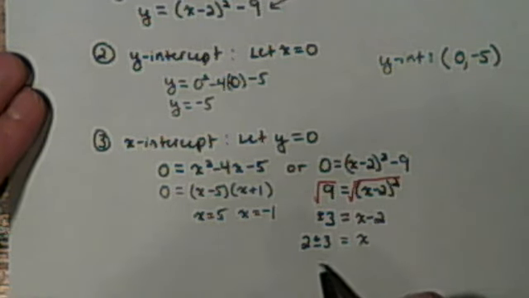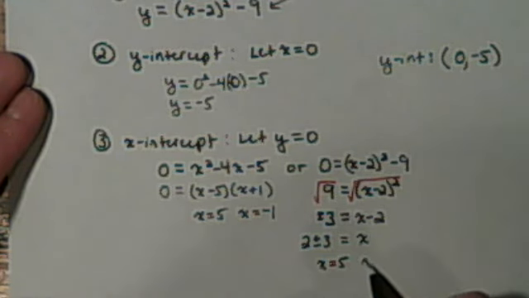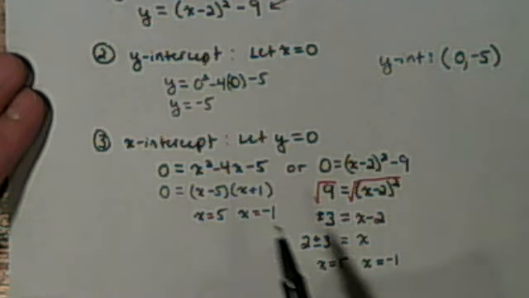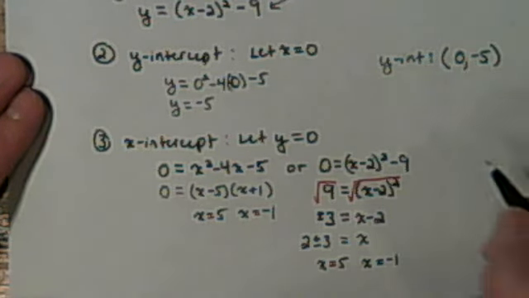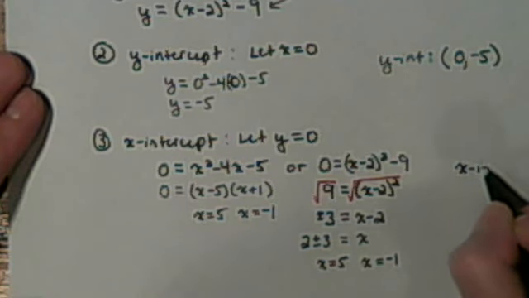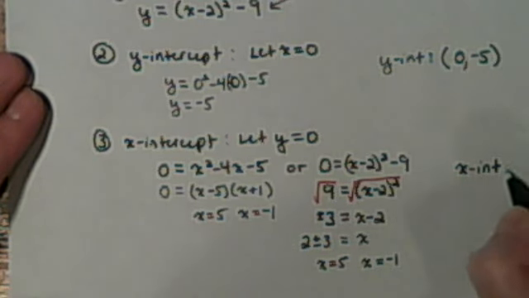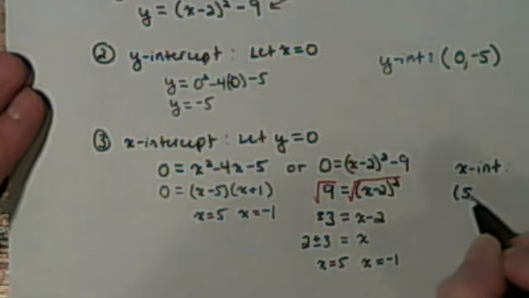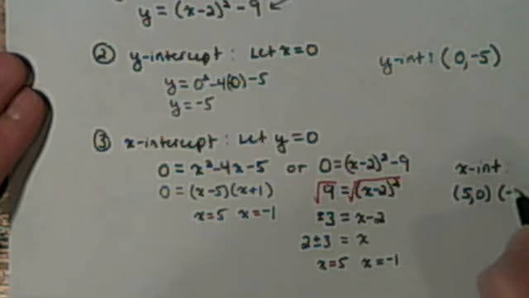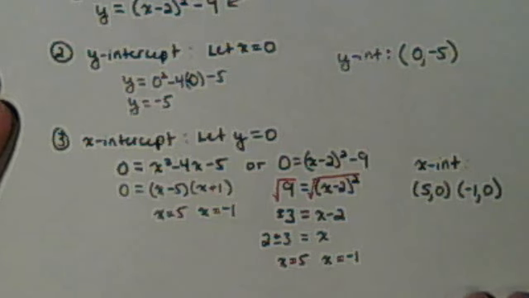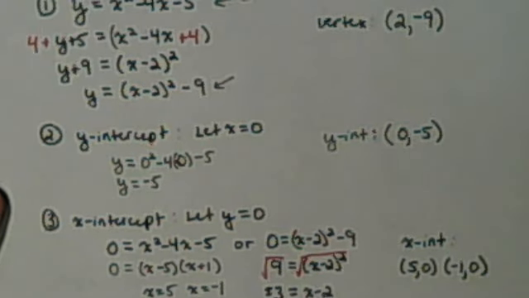So notice 2 plus 3 would give me x equals 5, or 2 minus 3 would give me x equals -1. So again, you could use either form of the equation to determine that your x-intercepts are at (5, 0) and (-1, 0).